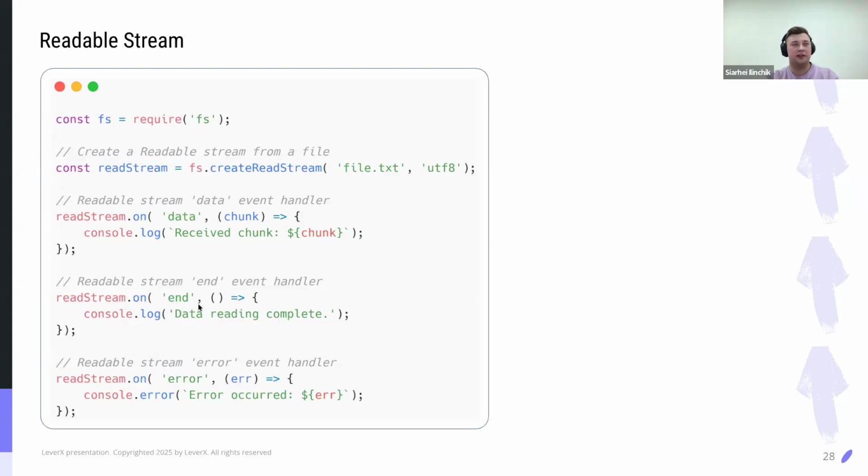Then we can listen to the end event. This end event would be emitted when the file is finished, when we hit the end of the file symbol. And then we have an error event, which we can listen to. As you remember, error is the default event of the event emitter, and this listener is triggered whenever an error is thrown.